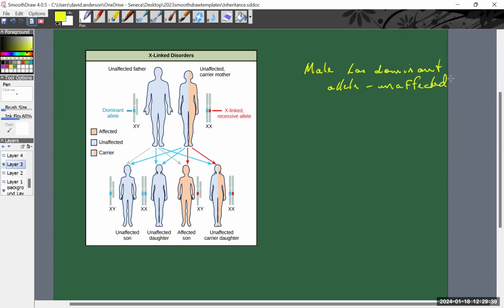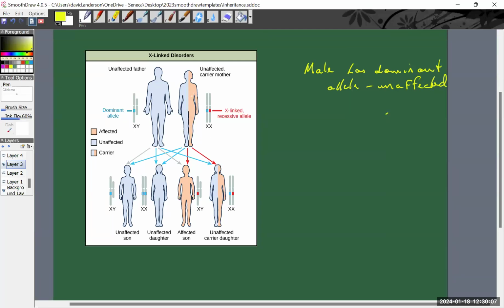So if we're talking about X-linked, our best example is the one that we described on that other slide, hemophilia. So the male has a dominant allele. Mom is a carrier. So when mom's a carrier, we describe this as being an X-linked recessive allele. She's a carrier, she's mixed.